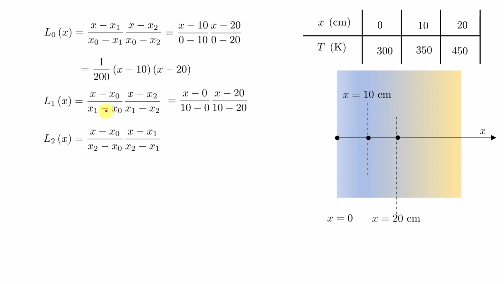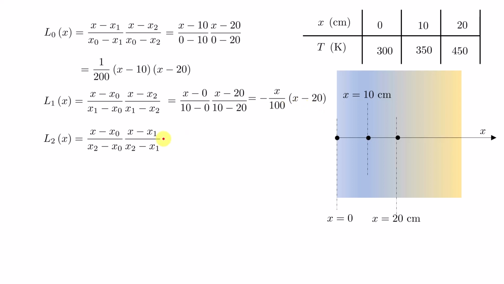Similarly, for L1(x), I have x minus x0, where x0 is 0, and x minus x2, where x2 is 20, divided by x1 minus x0, where x1 is 10, and x1 minus x2, so 10 minus 20. Simplifying, it turns out to be minus x by 100 multiplied by (x minus 20).